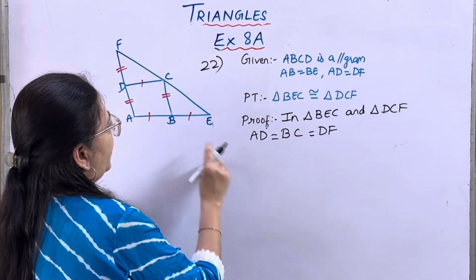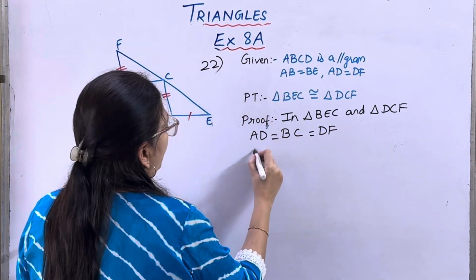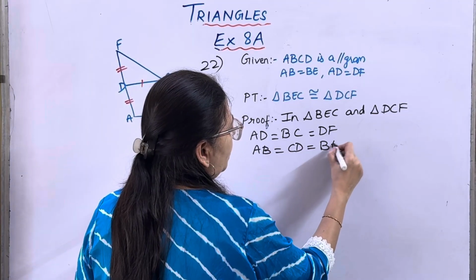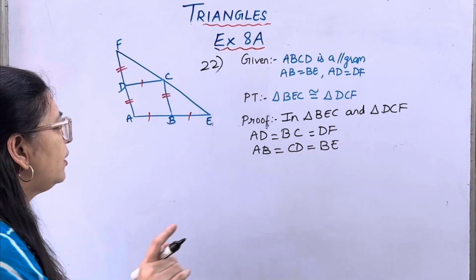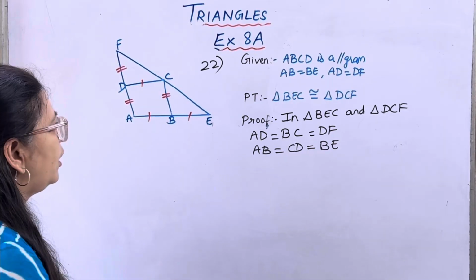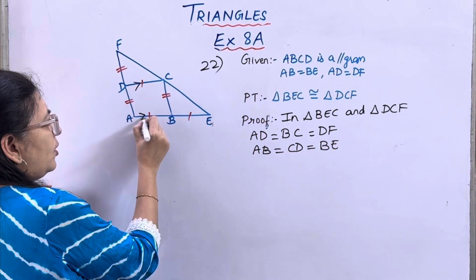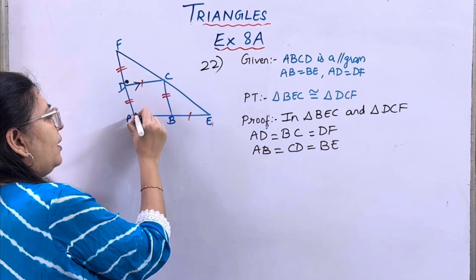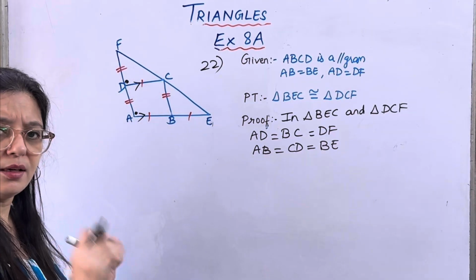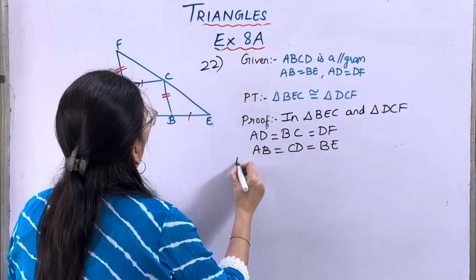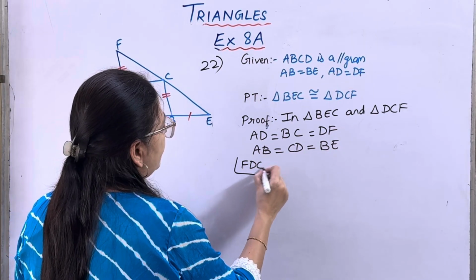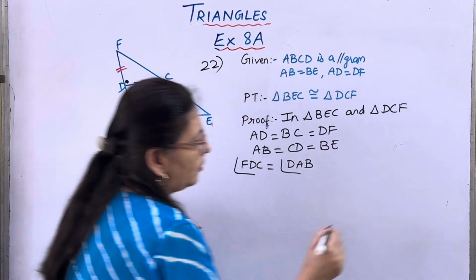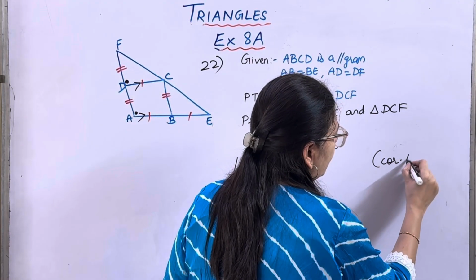Same way here, AB is equal to CD, which is also equal to BE. So two conditions, you got it? Yes. Now for the third condition. Now these two lines are parallel to each other, so this angle will be equal to this angle, corresponding angles. So angle FDC will be equal to angle DAB. We will write corresponding angles.